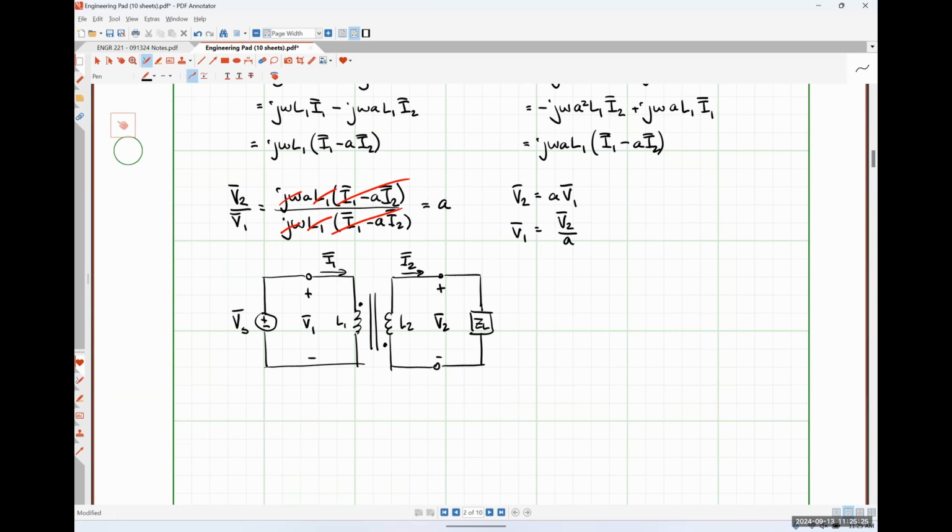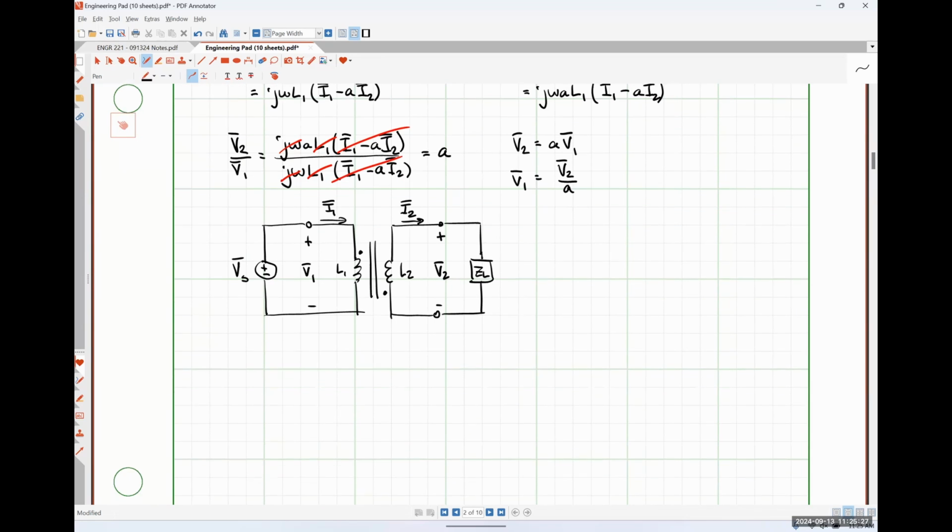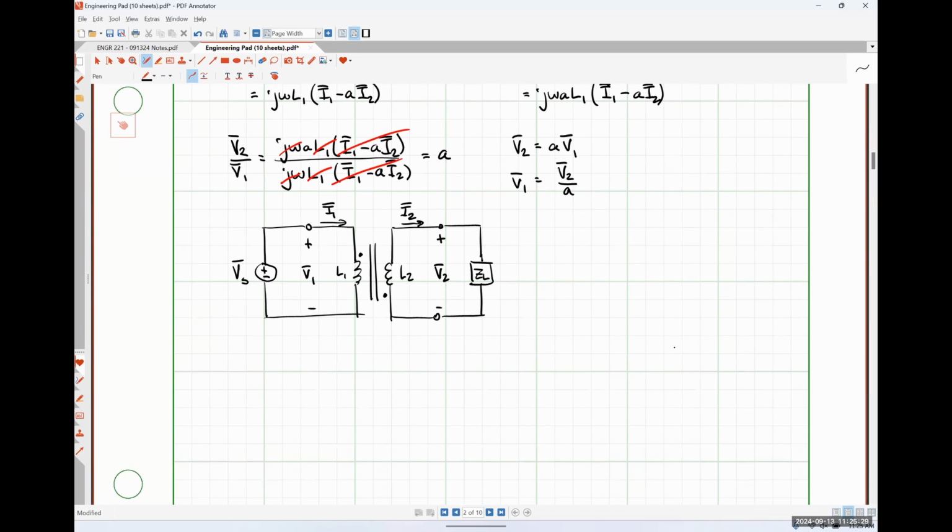Okay, so here's our situation. In this case, our voltage V1 is going to be J omega L1 I1 plus J omega M I2.